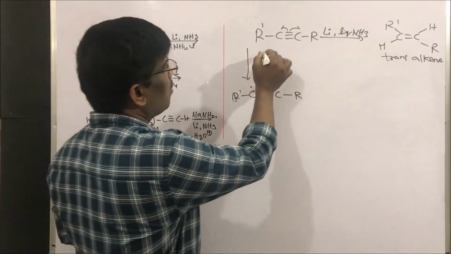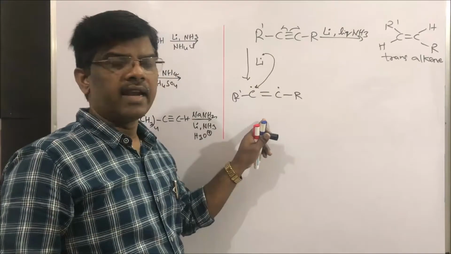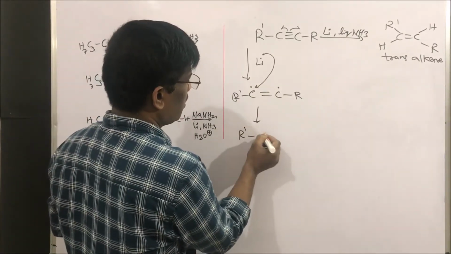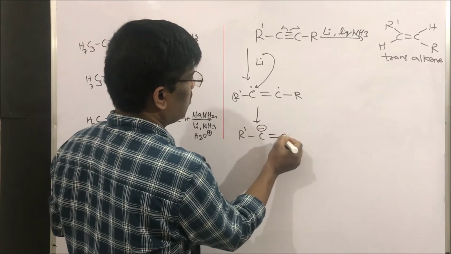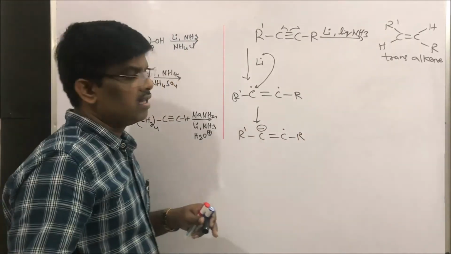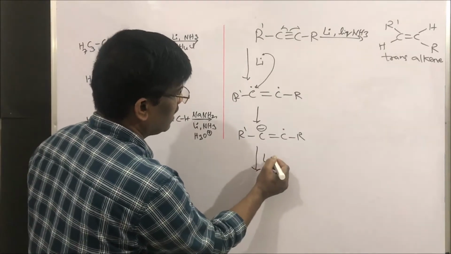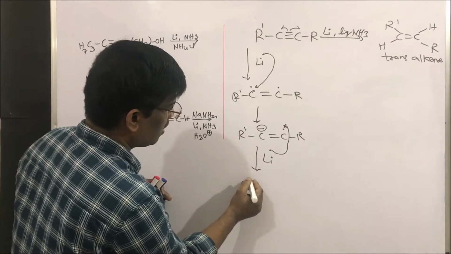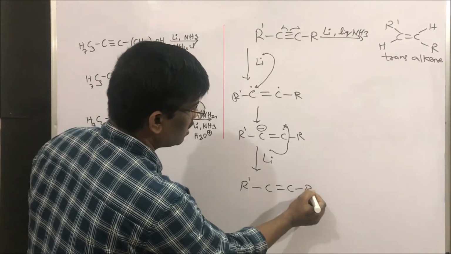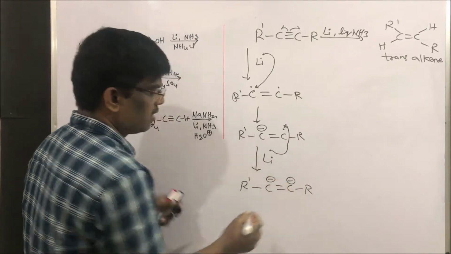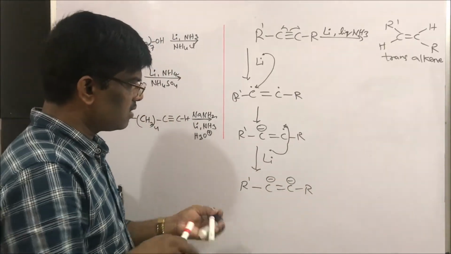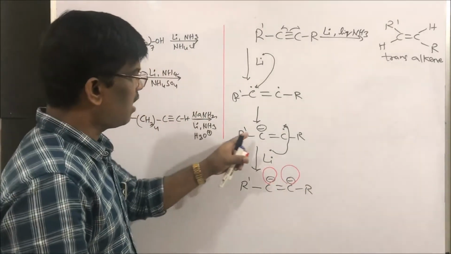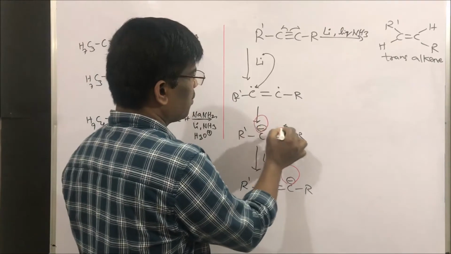Yes students, so now it is going to attack here to give R prime, R, anion, double bond, radical, R. If I add further lithium, it adds here to give R prime, R, double bond, R, anion. So what are these? Two anions at this stage, so here also repulsion will be there.